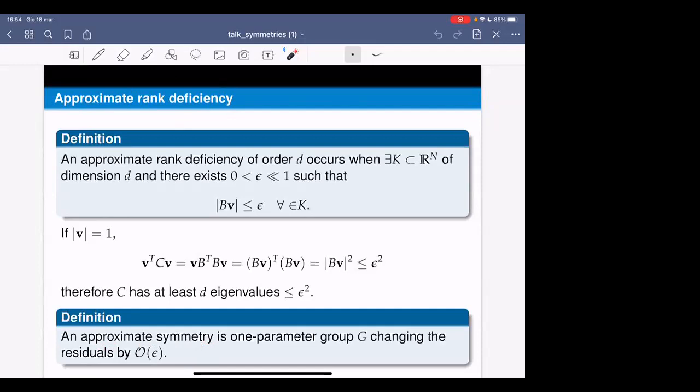And an approximate symmetry is, for us, a one-parameter group G, which changes the residuals by order of epsilon. So for an exact symmetry, the residuals stay the same when the group acts on the parameters. When we are in the case of an approximate symmetry, then the residuals change by a small quantity.